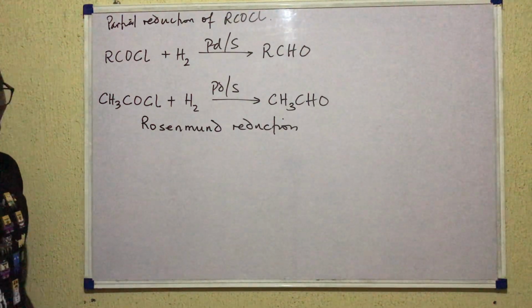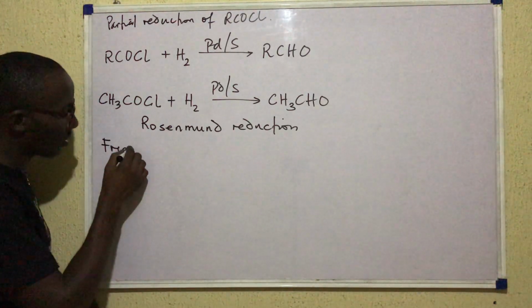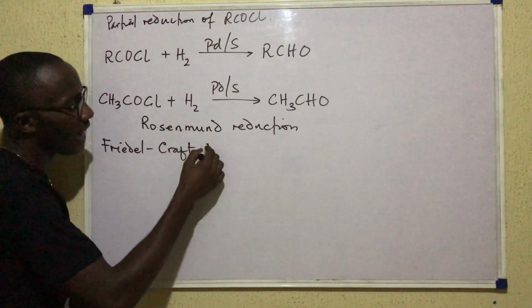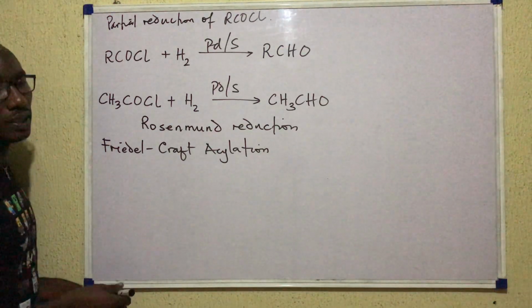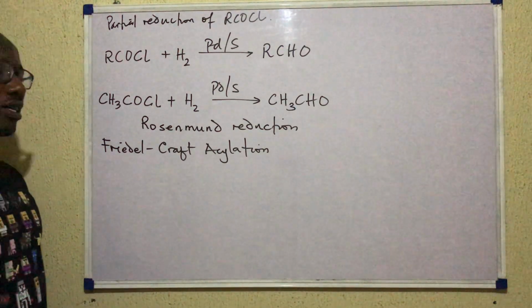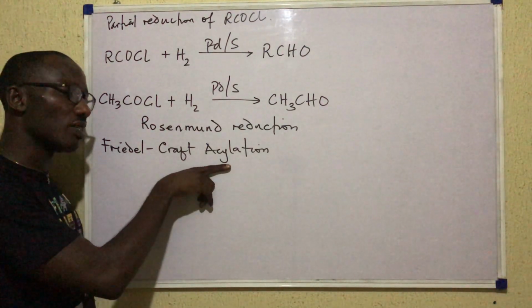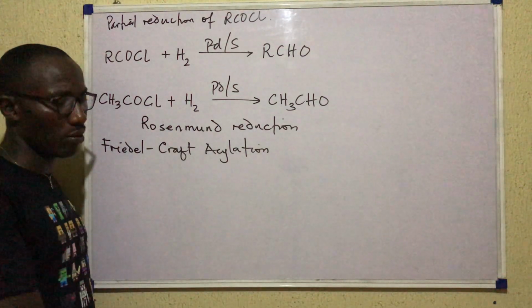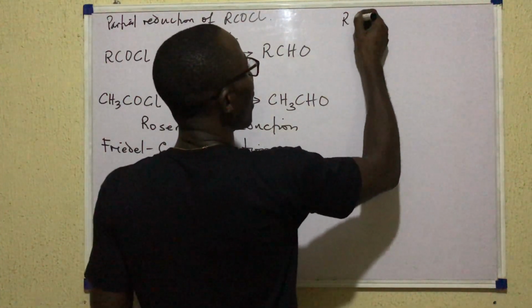But just in case you want to make alkanones, then you could think of another reaction named after two people. We call it the Friedel and Crafts acylation. The reaction is called acylation because by the end of that reaction, an acyl group would have been introduced into a certain organic compound. Now, what is acyl? Acyl is RCO.